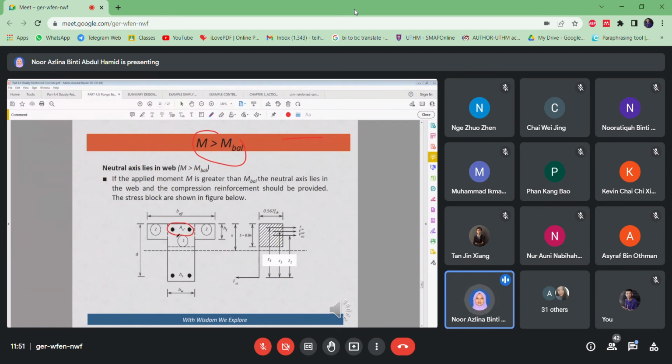Once you have an AS prime, its forces increase further. Earlier, because of the concrete at area 1 and area 2, you have FCC1 and FCC2. Then we have to provide the compression reinforcement. So add one more force, the force of steel in compression. You see? Once it becomes double reinforcement, your design also doubles. Your procedure also gets longer.